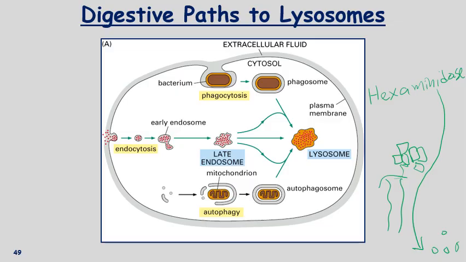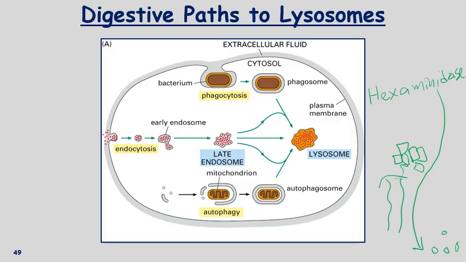The protein does not work. You cannot break down those lipids. They get accumulated in the lysosome, and this is when your lysosomes get bigger and bigger and bigger and end up destroying the cell. If the cell is a neuron, that's brain damage. So this is a type of disease that you call lysosomal storage disease.